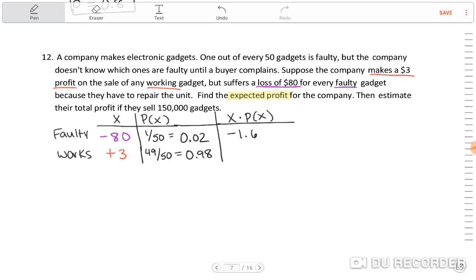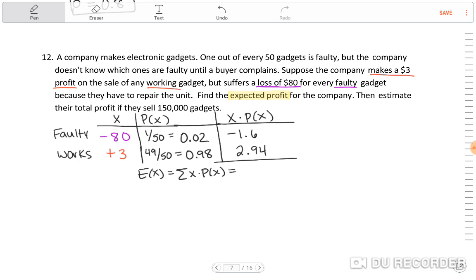And 3 times 0.98 is 2.94. If I add those up, this is the sum of the x times p of x. In other words, this is the expected value, expected profit.